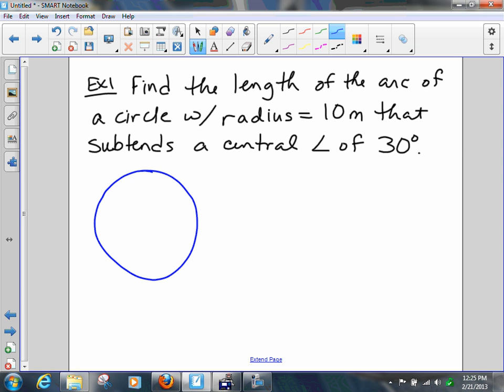Draw a picture. We got to draw, and I draw the same picture no matter the size of the angle. I always do this. I got an angle of 30 degrees in my circle. Do you guys agree? Okay. What does subtends mean? Subtends means that this arc right here, see what I have written here.